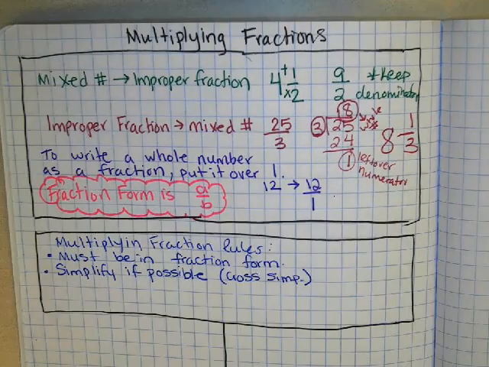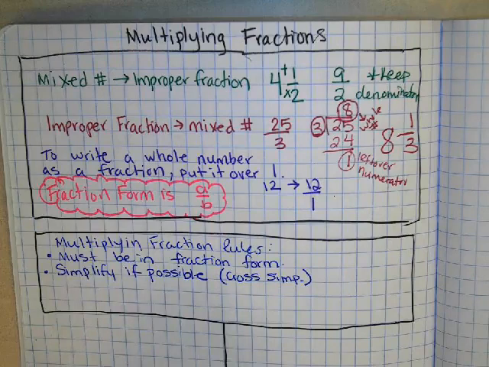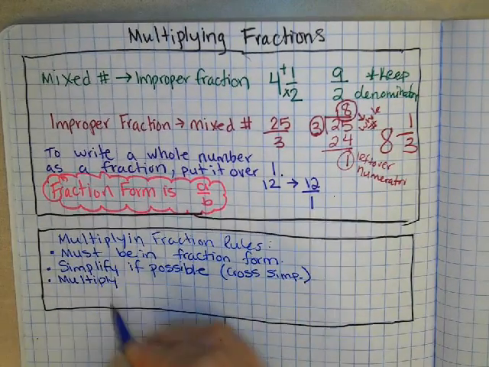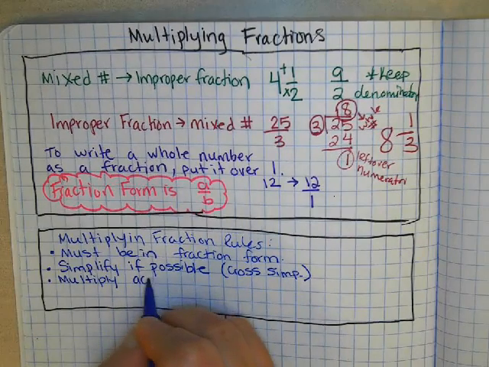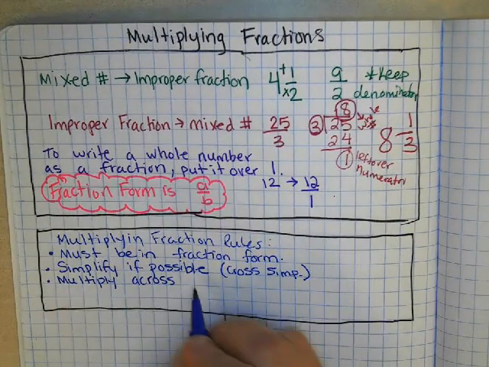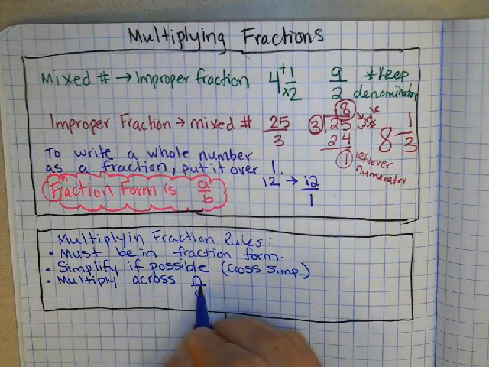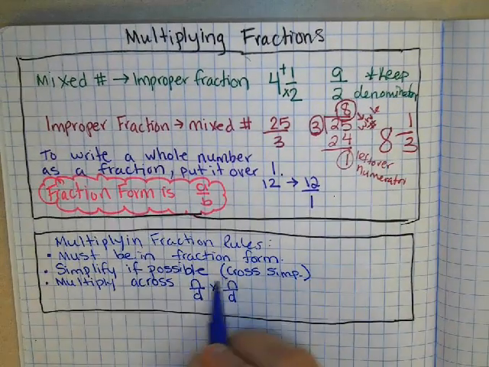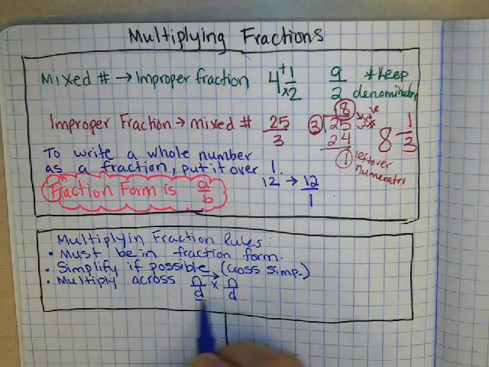So to cross simplify, then you're going to multiply across. So if these were my fractions in numerator, denominator, numerator, denominator, you're going to multiply straight across the top and straight across the bottom.